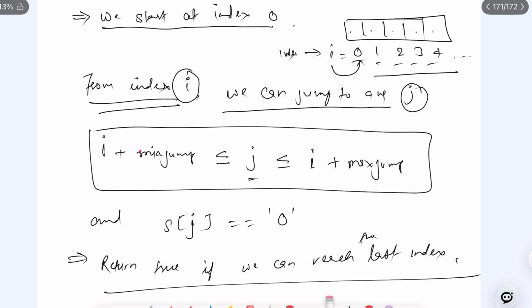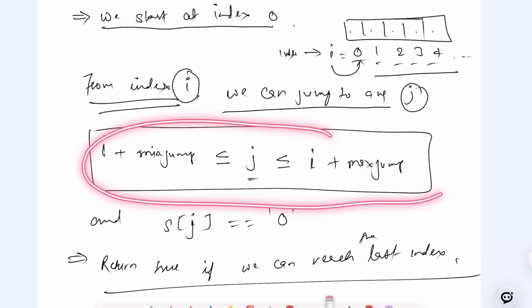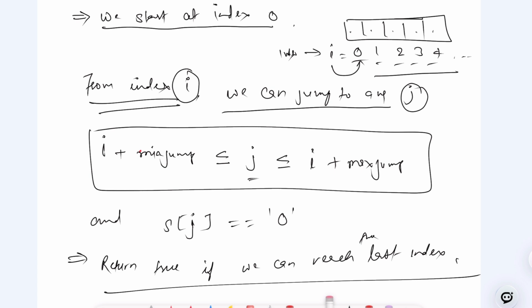It is saying we start at index 0, but for any index i, if i is reachable, then all indices in the range are reachable. What are the indices? The range starts from i plus min jump to i plus max jump. So i is reachable for every position i.